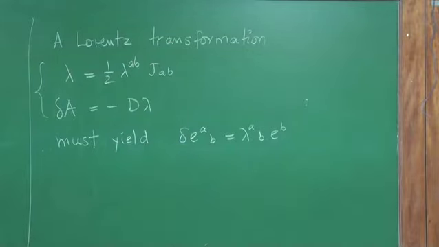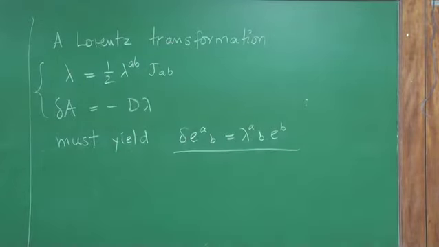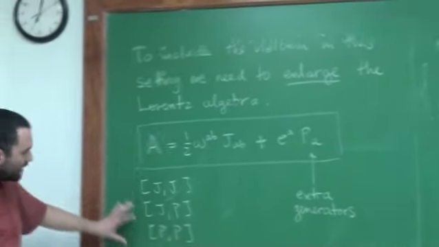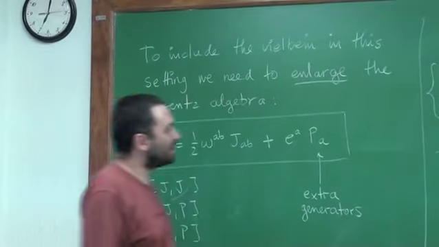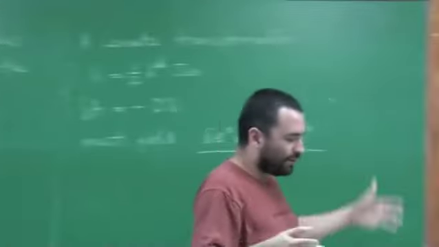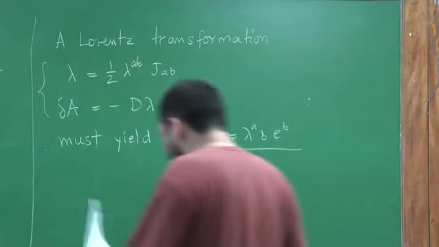And so, since we need this, we cannot put anything here. The algebra has to be something very special. And the rest, you can see that to get that, you need the following.